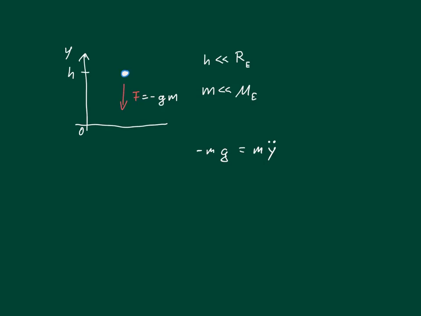Therefore we have this minus here because it's falling to the ground, and we see immediately that the mass of the object cancels out.